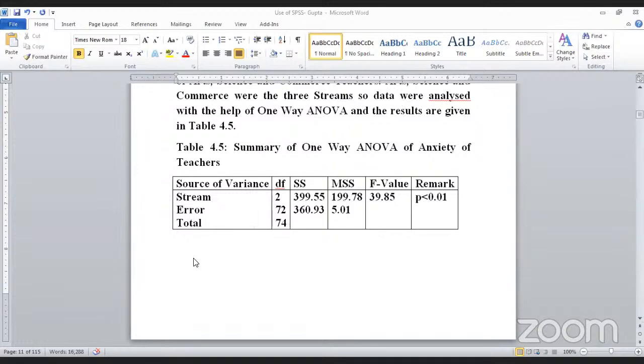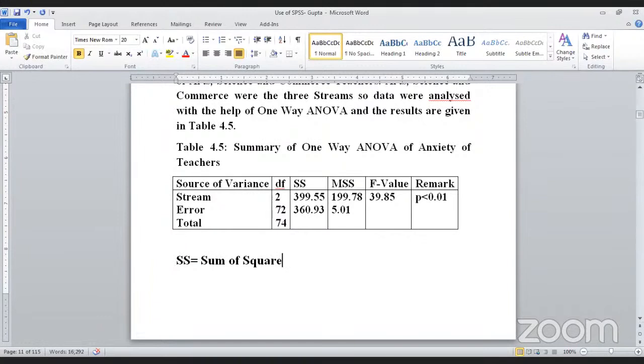Now, what is the SS? The full form of SS is sum of square. That is the meaning of SS, and in the SS you will have the values which have been given.